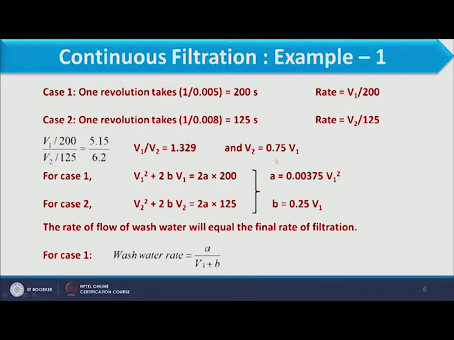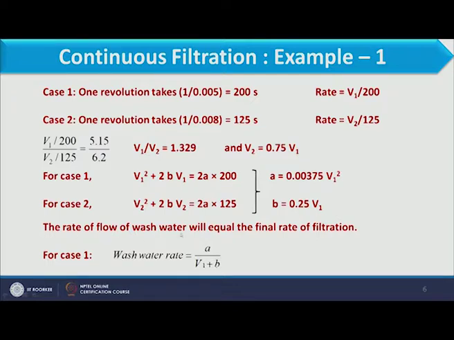Now putting the value of V2 from this expression to here and then calculating the expressions for A and B, we can get A as 0.00375 V1 square and B should be equal to 0.25 V1.